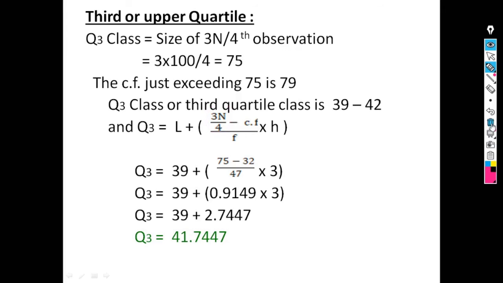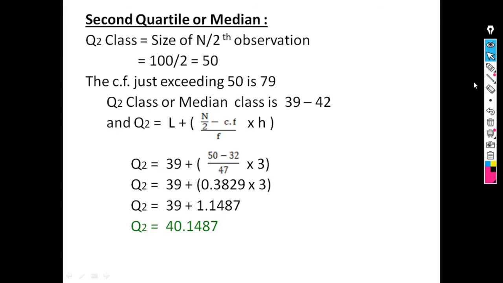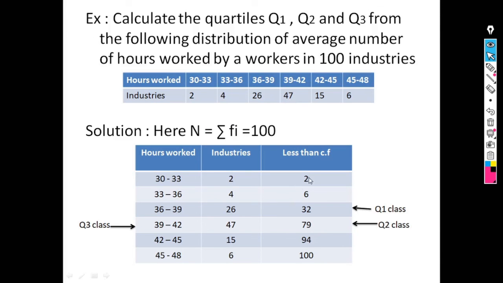Now we have to check the cumulative frequency which is just greater than 75. 2, 6 and 32 are all less than 75, but 79 is the first value which is greater than 75.